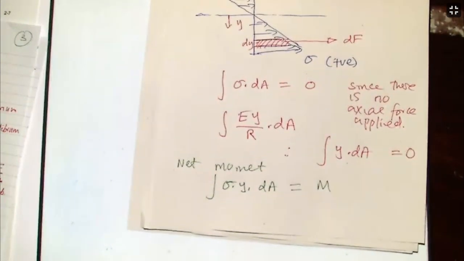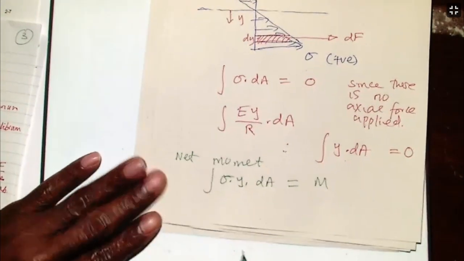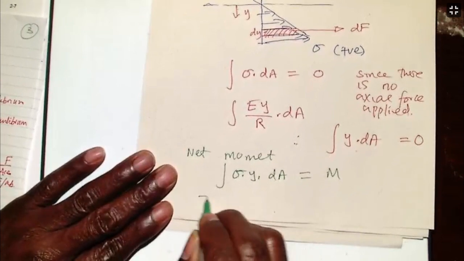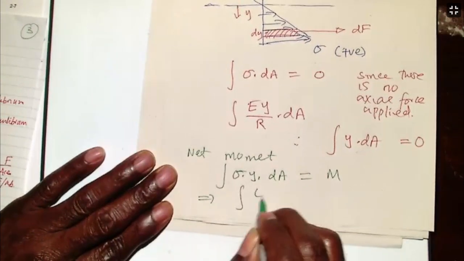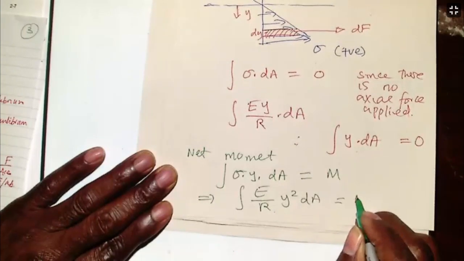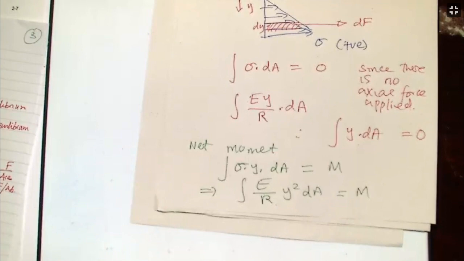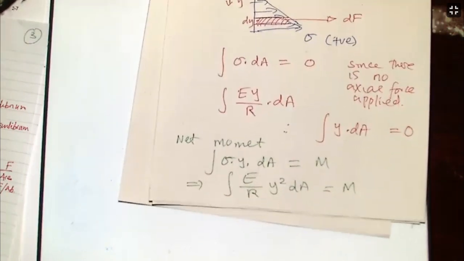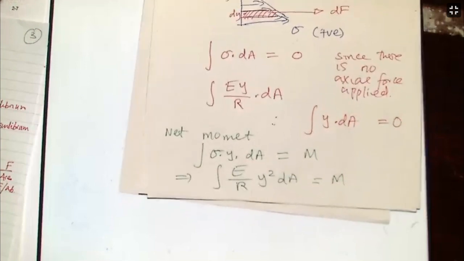We can substitute sigma in terms of modulus, so we have E over R times the integral of y squared dA equals M. So our second moment of area is the integral of y squared dA, and that is where we got the final solution of the bending moment that we've got.